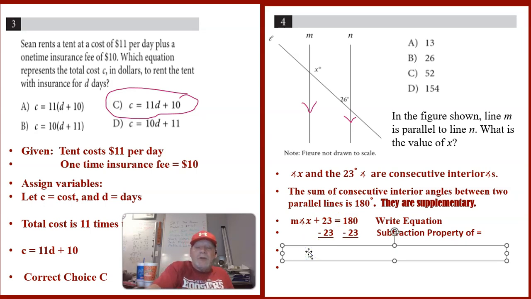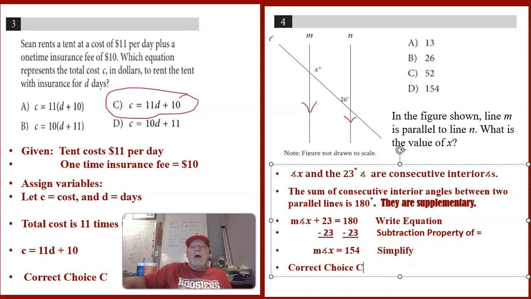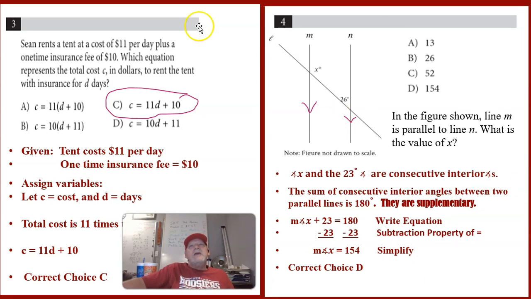So then it just becomes an arithmetic problem. So the measure of angle X will equal 154 degrees, which is choice D. I don't know why I have so many typos on here, but I'm fixing them as we go. So it would be choice D, 154. Hopefully you're able to get all 4 of these right.